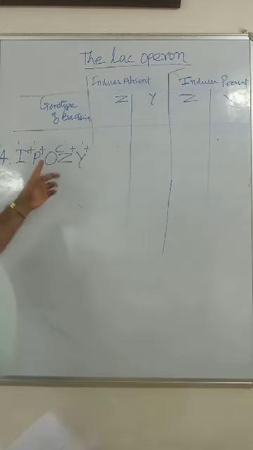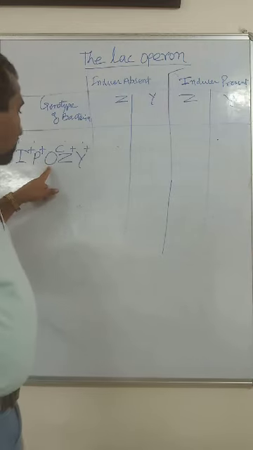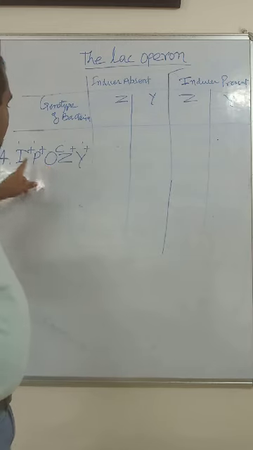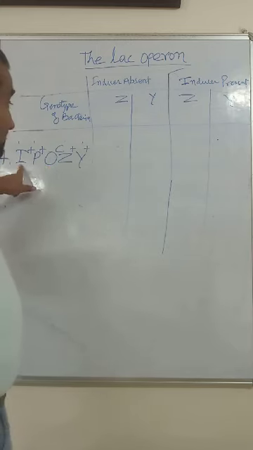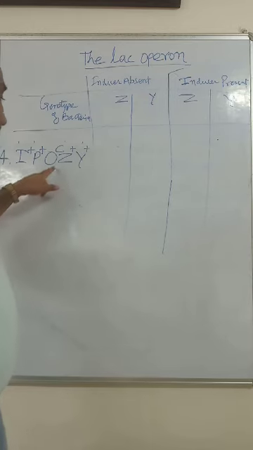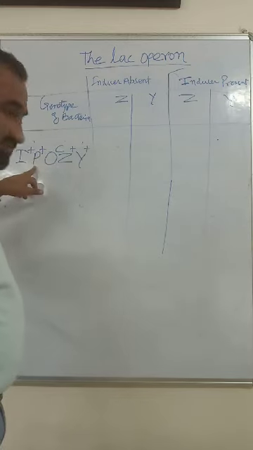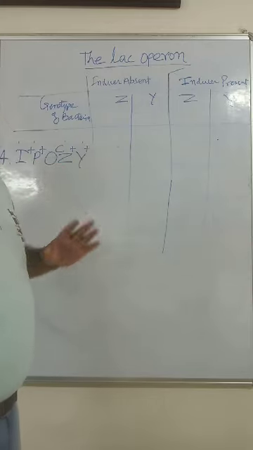So whenever the mutation takes place on operator sequence, in that case the regulator gene product, that is repressor molecule, cannot bind at operator, and RNA polymerase comes and starts synthesizing these gene products.